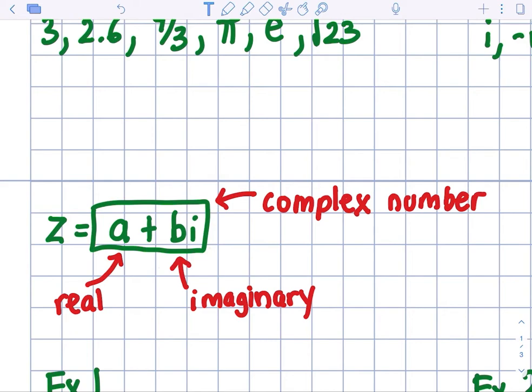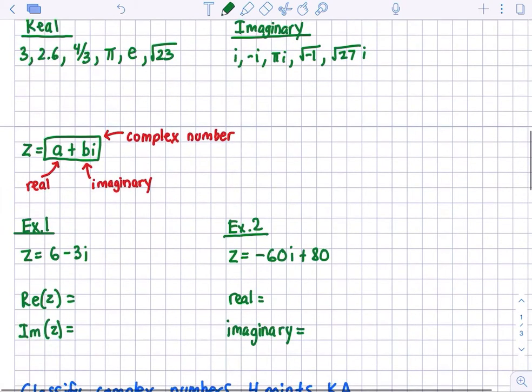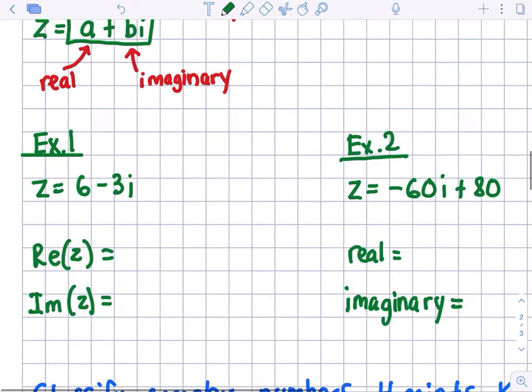This right here is your real value, and this part, that's the i, that's your imaginary value. And the sum of them both is a complex number. So when you look at your examples, they're going to give you examples like this, and they're strictly just going to be asking you which one is the real part of the complex number and which one's the imaginary part of the complex number.